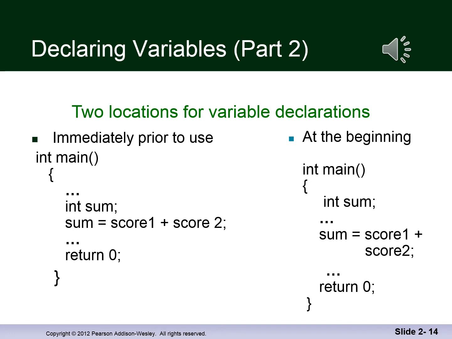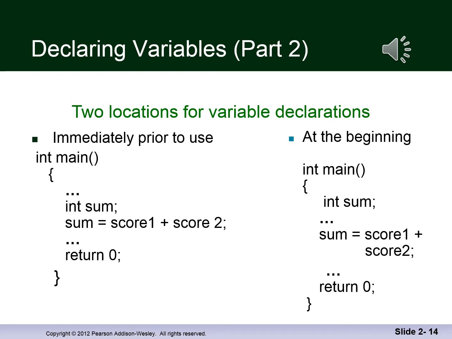As I mentioned earlier, variables have to be declared before they are used. And here are two examples of locations for variable declarations. You can declare them immediately prior to use, which is not my preference. So here's an example.